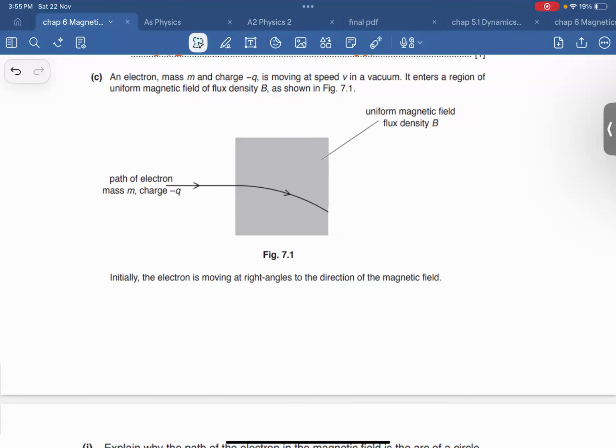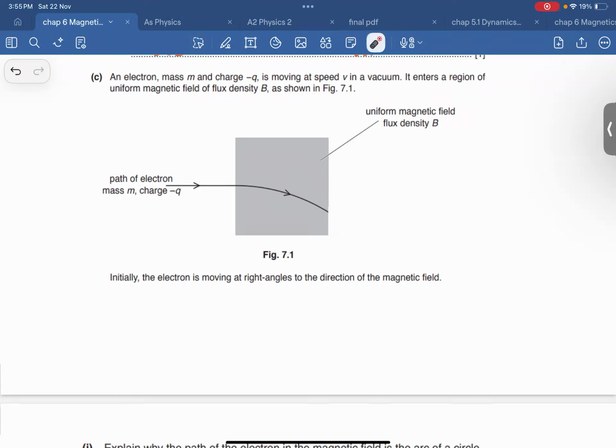An electron of mass m and charge minus q is moving at a speed v in a vacuum. It enters a region of uniform magnetic field of flux density B as shown in figure 7.1. So we have the negatively charged particle, and they didn't mention the direction of the field yet, but it is moving downward, so we can figure out the direction of the magnetic field.